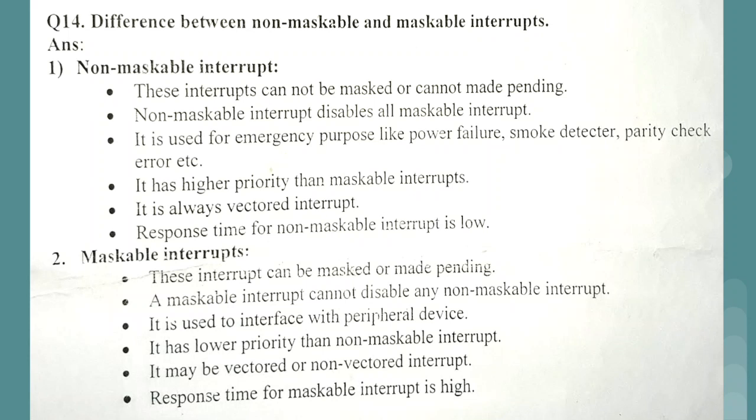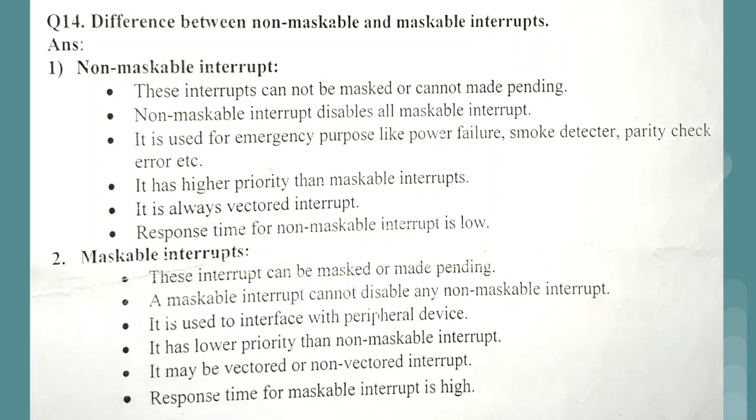Then the next difference: a non-maskable interrupt disables all maskable interrupts, meaning the other remaining hardware interrupts. It will disable all of them, so that we have only the very urgent interrupt to be solved. So a non-maskable interrupt disables all maskable interrupts, and a maskable interrupt cannot disable any non-maskable interrupt.